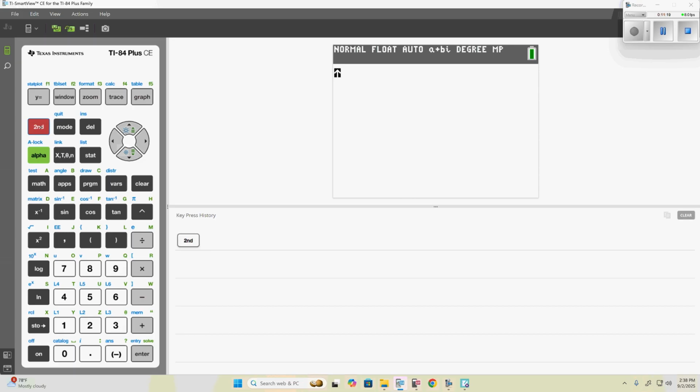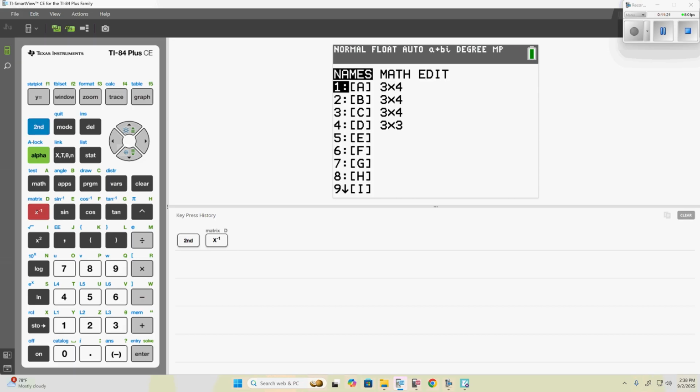Okay, second matrix, second x to the negative 1. We all get a screen that looks something like this. Now go over to edit. This list here lets us put matrices into the calculator.